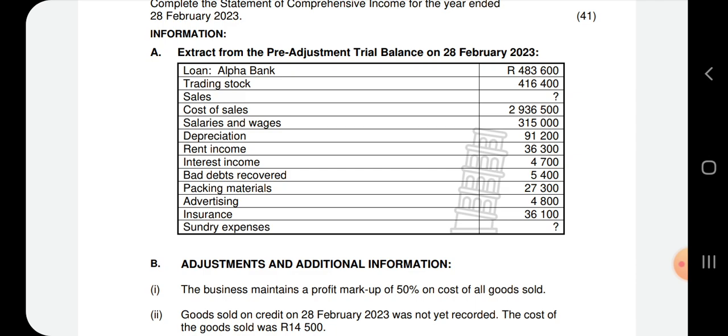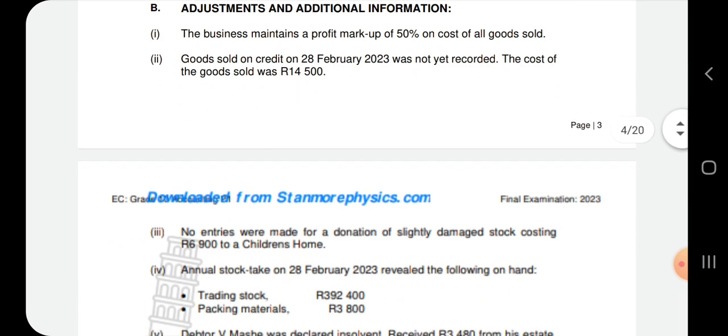The packing material that appears on the pre-adjustment trial balance is the amount that we've bought, which is 27,300, and the one that is on hand is what we have left. So we bought 27,300 rand and we didn't use the 3,800 rand. So the 3,800 must be subtracted. It's not an expense. It was not used that year. So we take what we've bought minus what we are left with, and that is the expense.